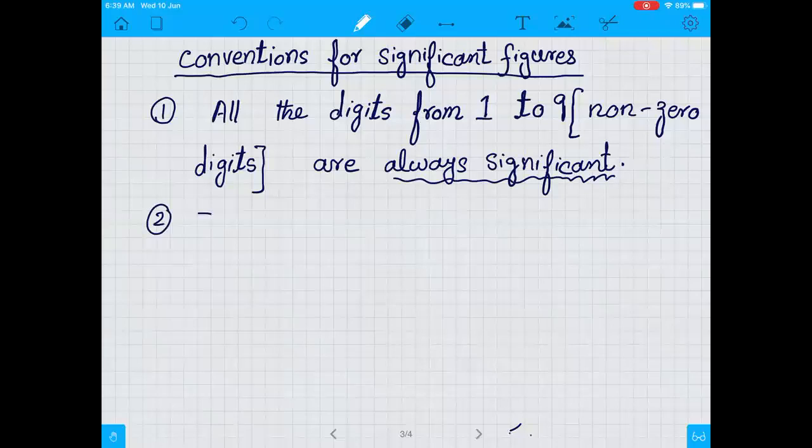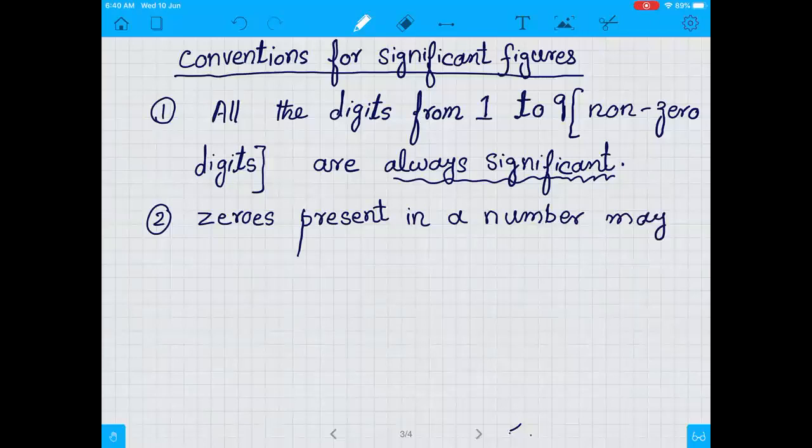Zeros present in a number may or may not be significant.